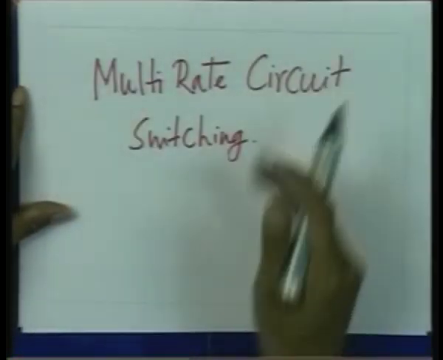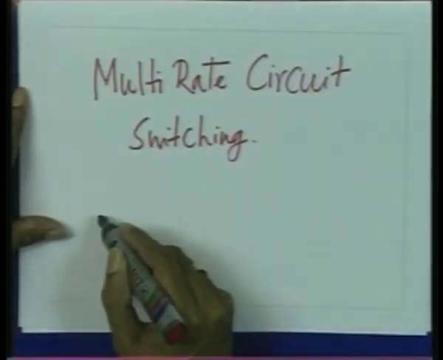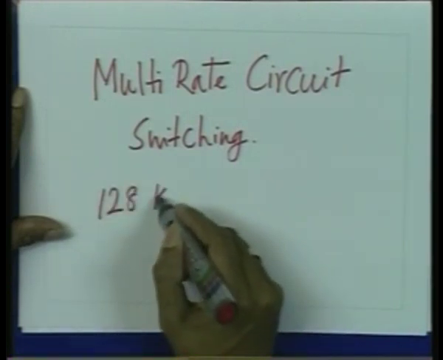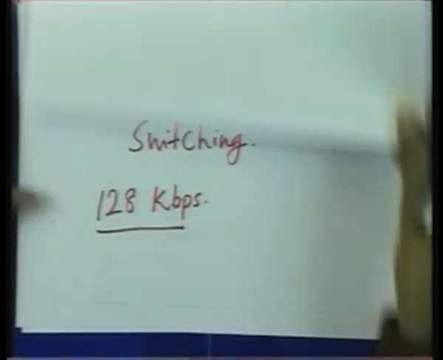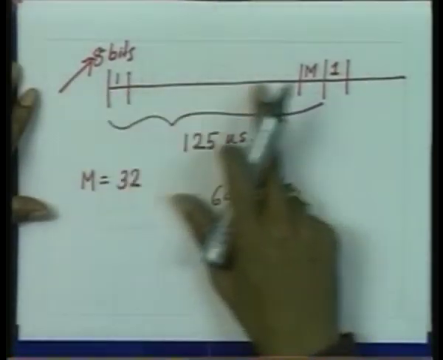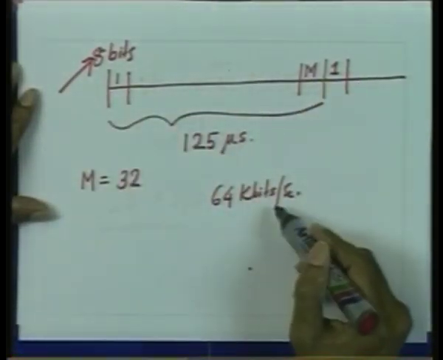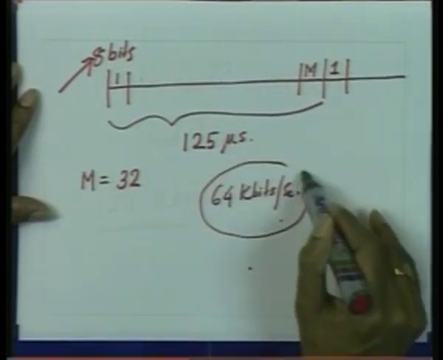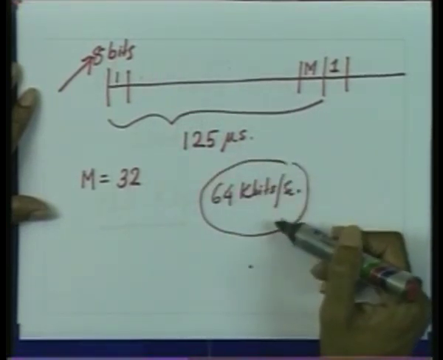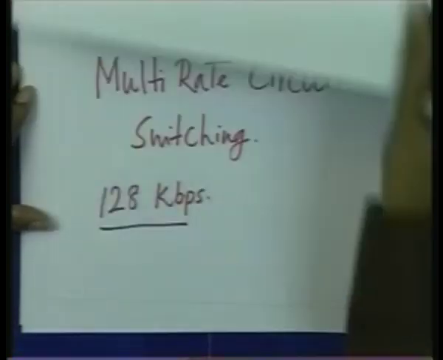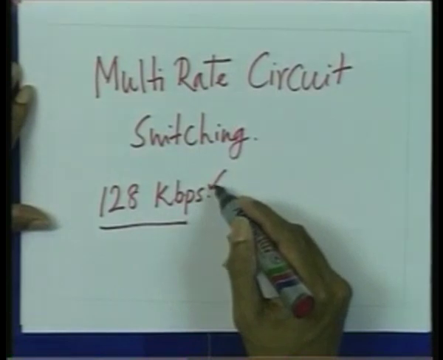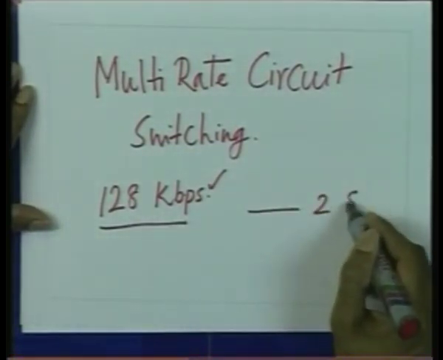For example, if a user wants to transmit 128 kilobits per second, and we have the basic channel rate built up as a multiple of the basic channel, then to sustain 128 kilobits per second we can allocate him 2 slots.